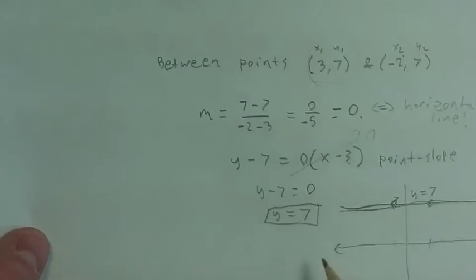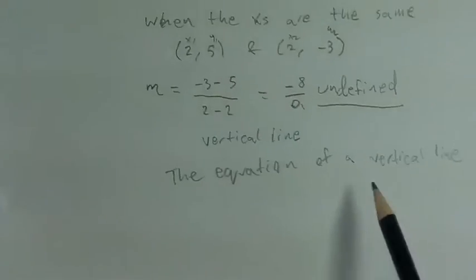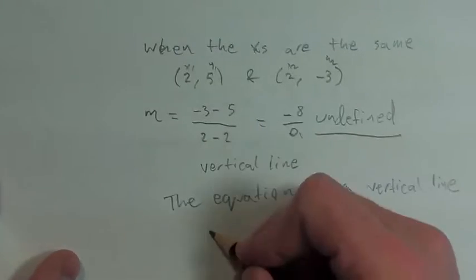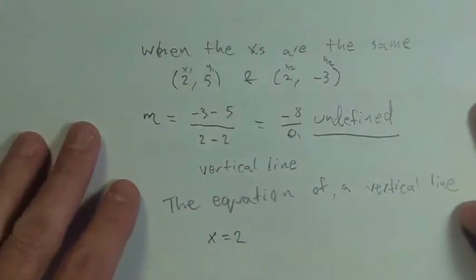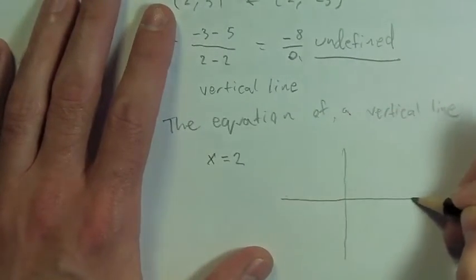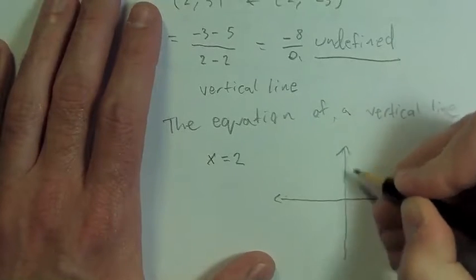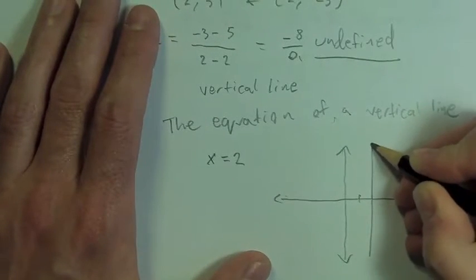If you remember, the horizontal line was just y equals 7. The vertical line is going to be x equals 2. Right? Because if we were to graph this, when x is equal to 2, we have a vertical line.